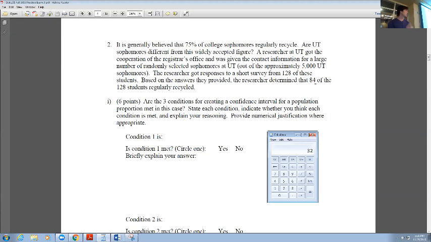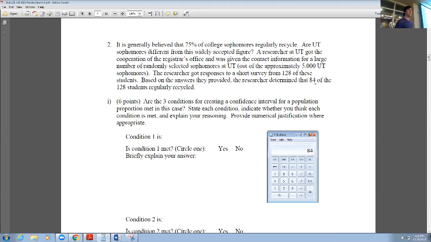How many successes were in the sample? How many failures were in the sample? And look at this: if I get p hat right here, that's successes over sample size, and if I times that by 128, didn't I just divide by 128 to get that?